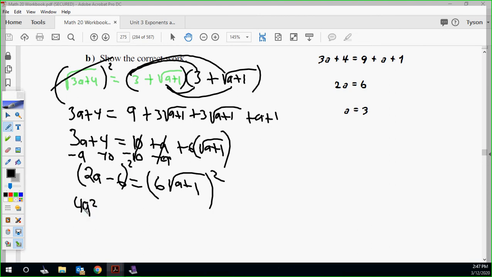Remember, 2a times 6 is 12, times 2 is 24, so it'll be a 24a here. And then negative 6 squared is 36. And over here, we're going to have 36 times a plus 1, because 6 squared is 36. The radical a plus 1 becomes just a plus 1.